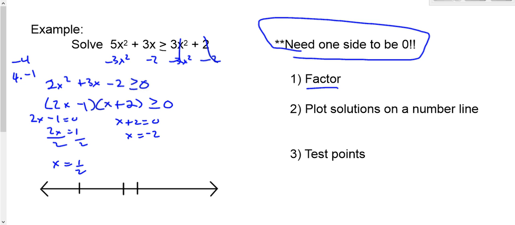Now I'm going to plot my solutions on the number line. This is greater than or equal to, so this is going to be solid dots. I have 0, negative 2, positive 1/2. I have a solid dot at 1/2, solid dot at negative 2. And now I have to come up with test points.